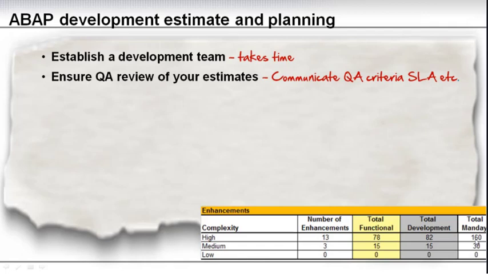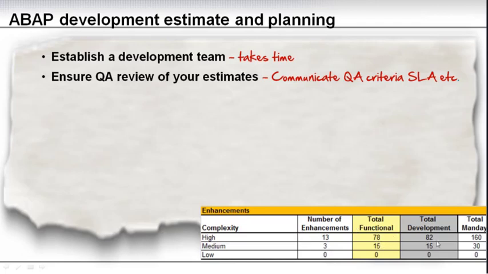So you need that detailed tracking. And you need to communicate what the acceptance criteria are, especially if you have an external vendor that will receive this estimate as part of the blueprint output, and based on that might need to give you a fixed price contract. It's very important that they know what QA criteria this estimate has to fulfill.